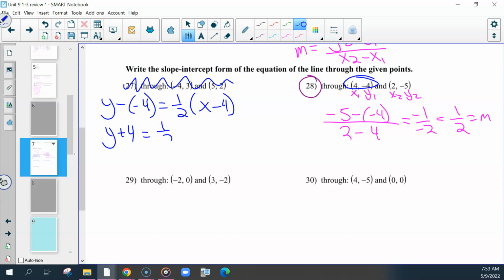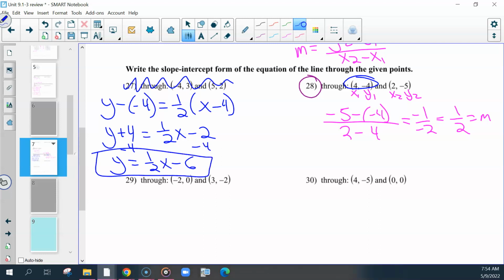So y plus 4 equals 1/2 x minus 2. And then subtract 4 on both sides. So y equals 1/2 x minus 6 would be our answer. Questions on that one?